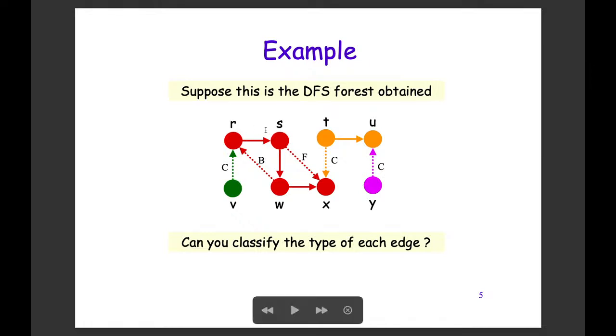Now the solid edges are the tree edges because these solid edges are those that appear in the DFS forest.